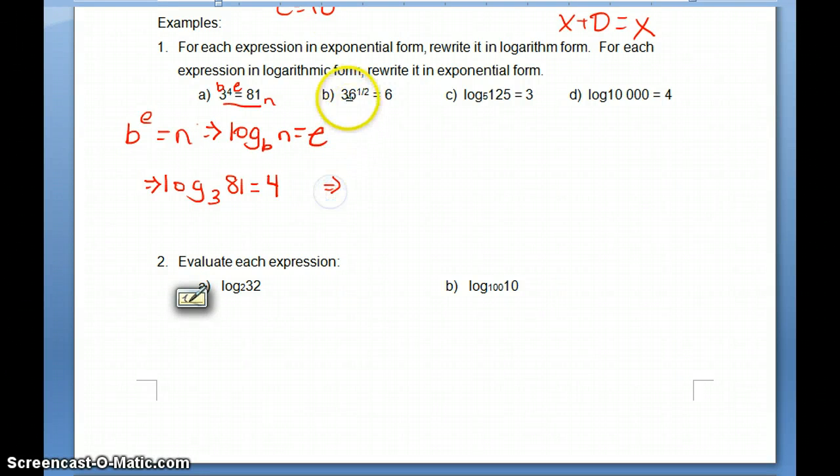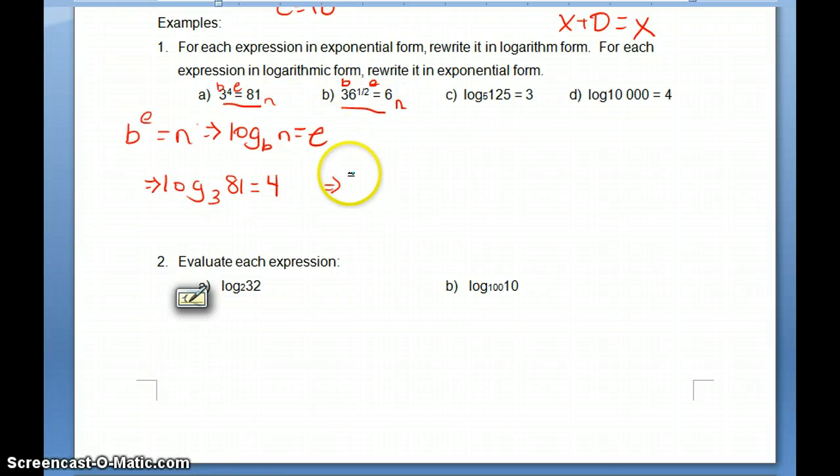Alright? So let's look at the next one here. We have 36 to the power of 1/2 is equal to 6. Once again, we're given an exponential form, so we need to change this back into logarithmic form. Here, 36 is b, our base. 1/2 is our exponent. And 6 is the number that 36 to the power of 1/2 is equal to.